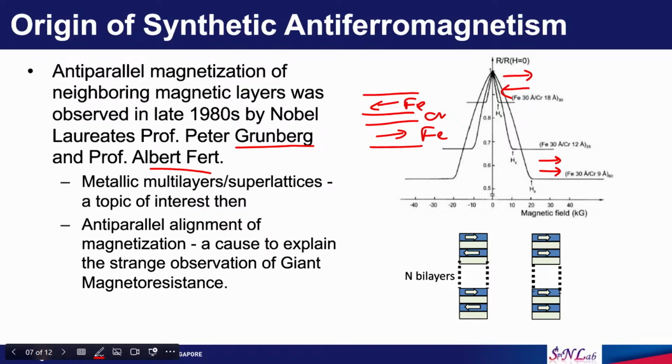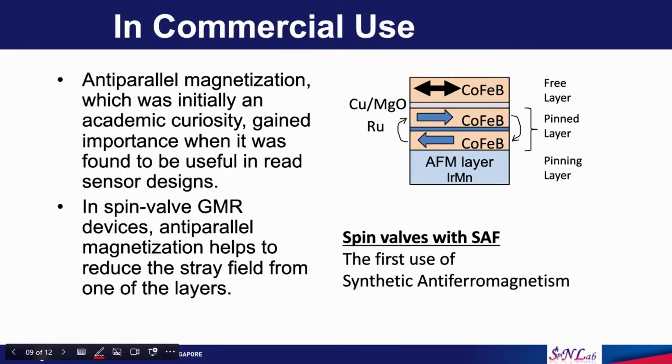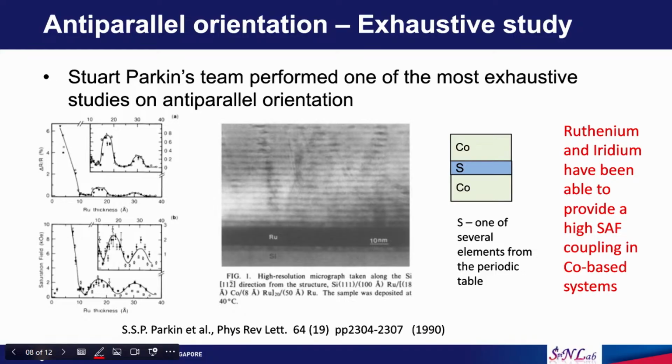So, after this study was reported, this scientist called Stuart Parkin did a very systematic study of inserting various spacer layers between two cobalt layers. Okay. So, if you look at this paper, you will see that he has used around 40 spacer layers.